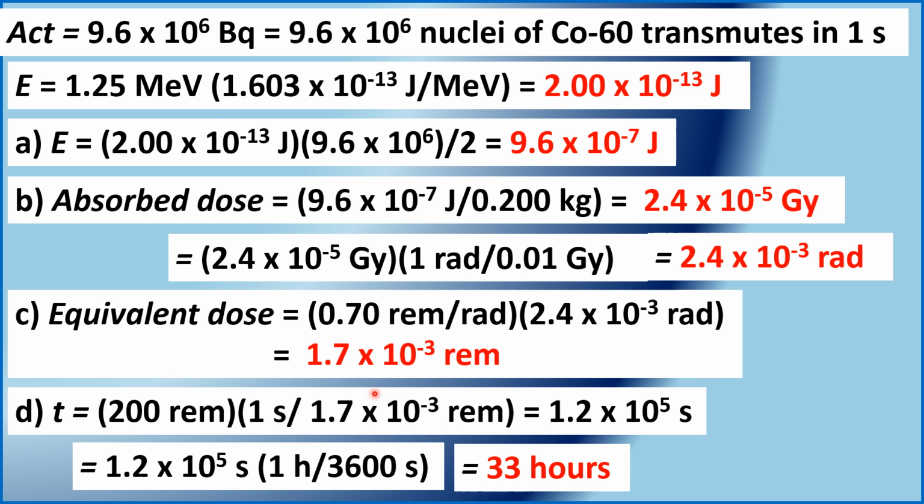Only 1.7 times 10 to the negative 3 rems of equivalent dose per second, and it would take 33 hours, almost 1.5 days, for this amount of equivalent dose to be received by the body, given this equivalent dose rate.